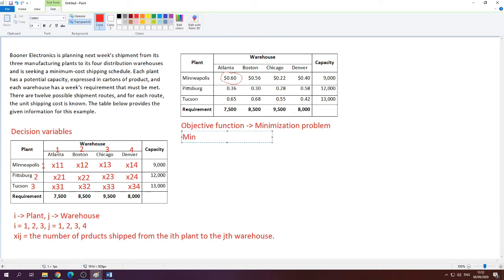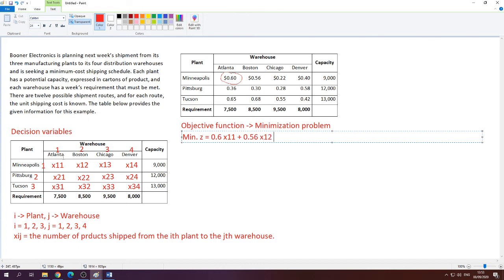It will be minimize z equal 0.6 x11, because x11 will be the number of products that we're going to send from Minneapolis to Atlanta, and then plus 0.56 x12.